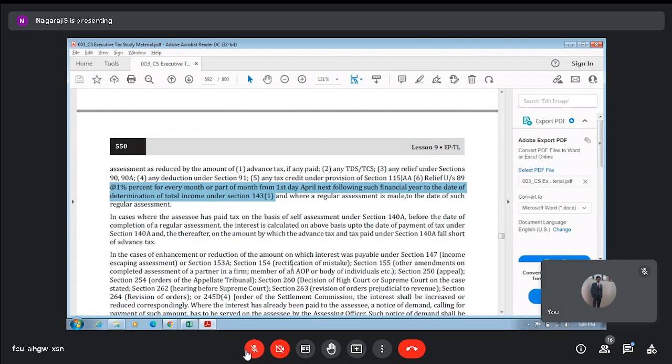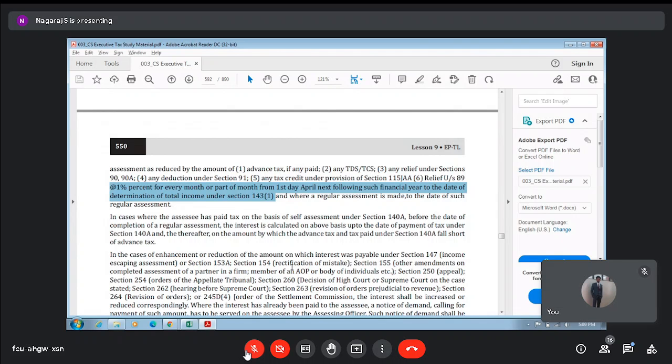Understood? In the first case, the interest starts from the next day of the due date of filing of return of income and ends when you file the return. Till that date, the interest will get calculated.